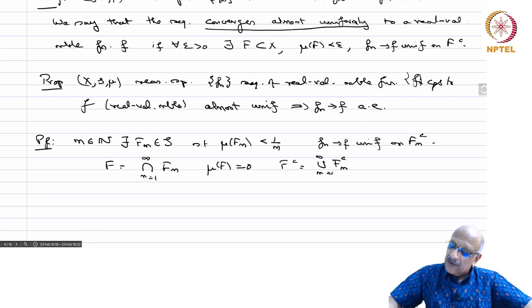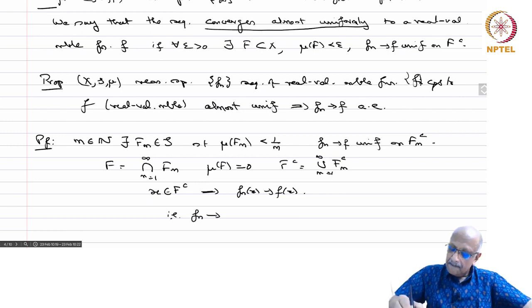And if x belongs to F complement, it belongs to some F_m complement, and this implies that f_n(x) converges to f(x). That is, f_n goes to f almost everywhere.